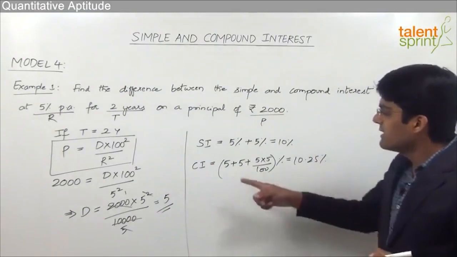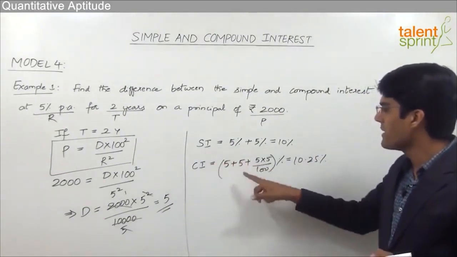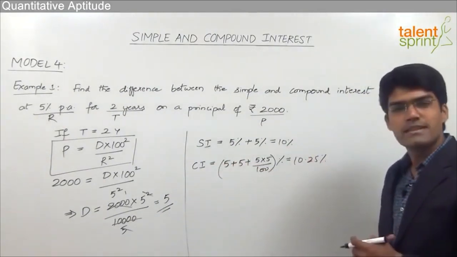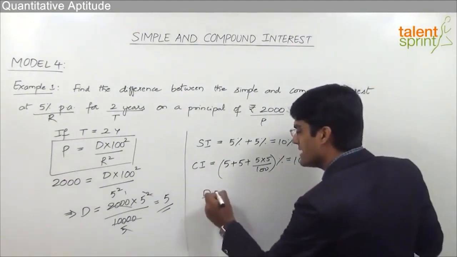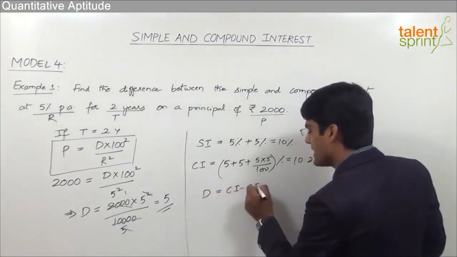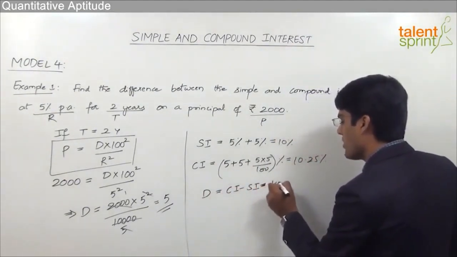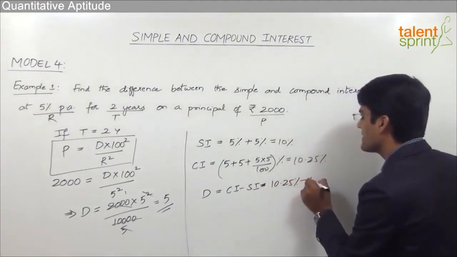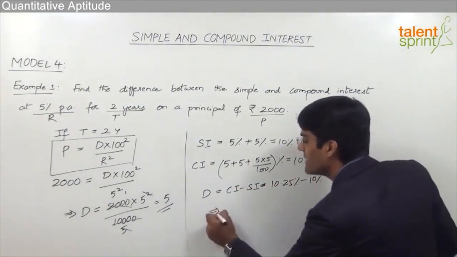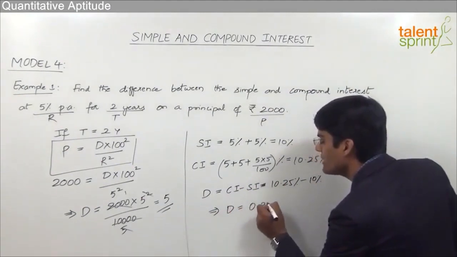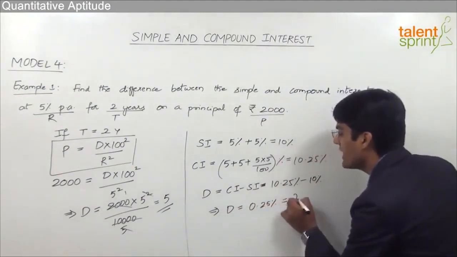Now as we can understand, the difference between compound interest and simple interest is 10.25% minus 10%. So the difference d, that is nothing but CI minus SI, would be equal to 10.25% minus 10%. So very clearly the difference here is equal to 0.25%, which has to be calculated.